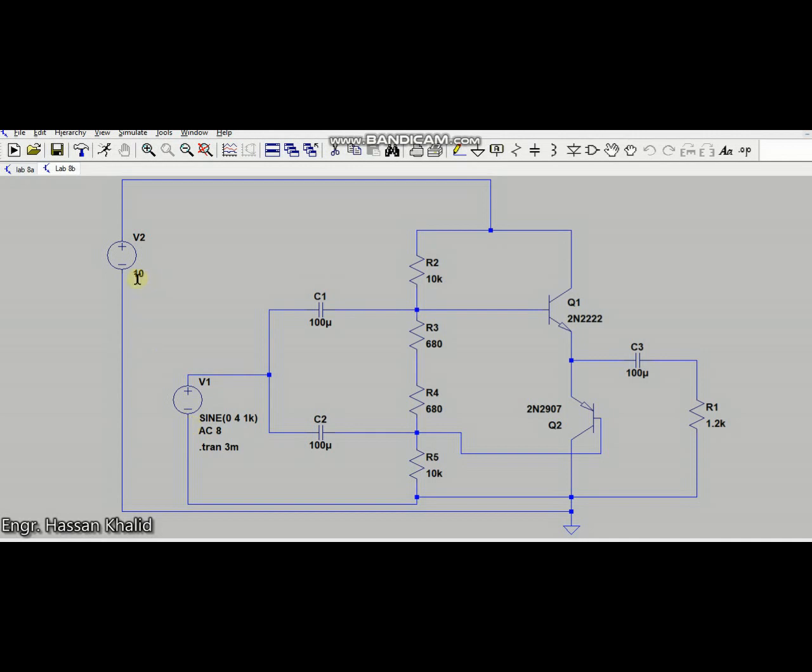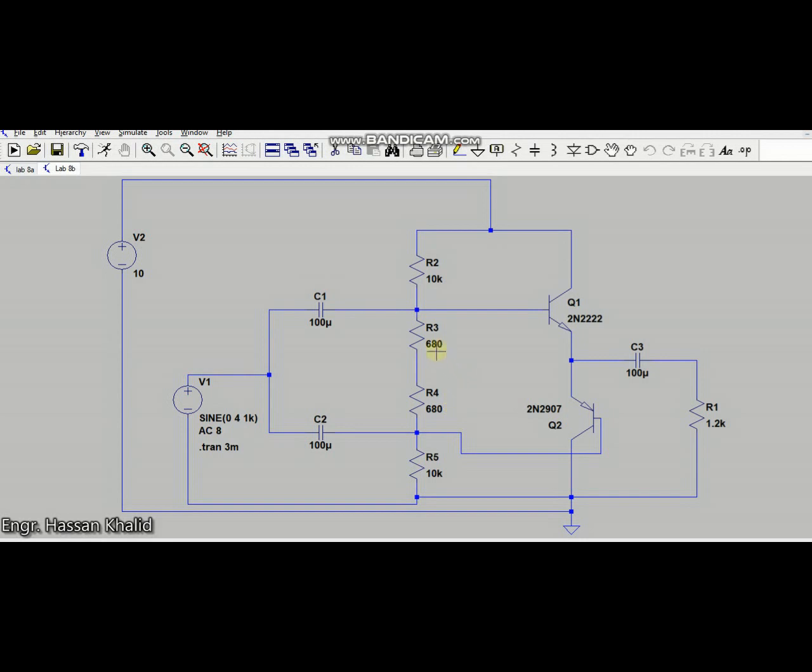We are also biasing it with the 10 volt DC input. Now let's check what the value of the voltage on average will be over this base, and what the value of the voltage will be on this base. That's very simple.